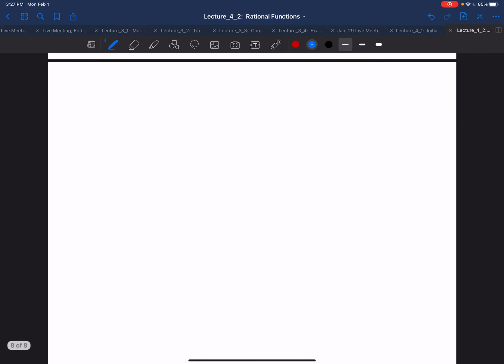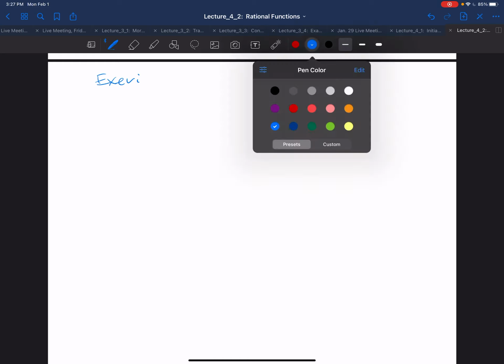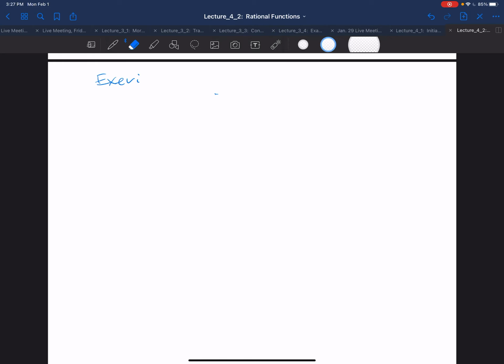So as I point out in the notes, a good exercise is to come up with a proof of the initial value theorem for the case where f is a proper rational function.